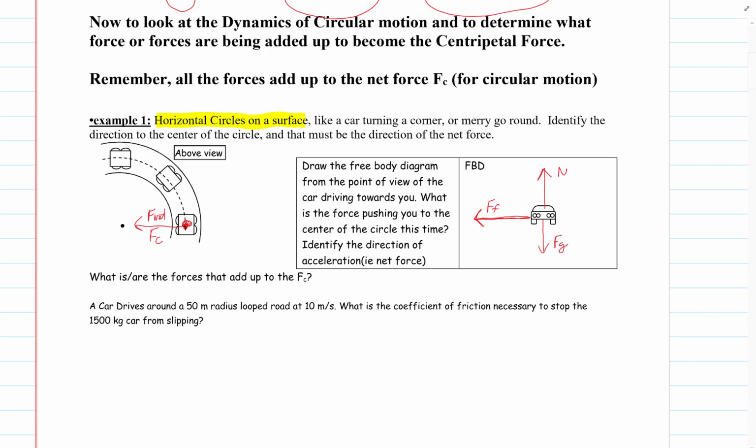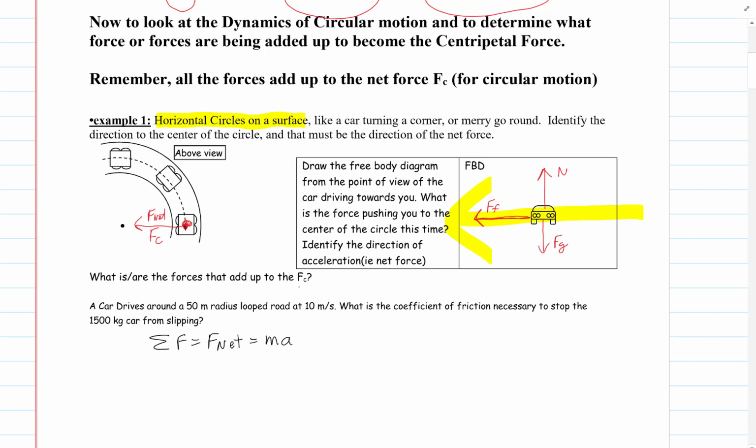Okay? Now, that's all the forces there are. This is the direction of the net force. And we just have to add up every force in that direction and subtract every force against it. And that has to equal MA. So we write down the sum of the forces is equal to F net equals MA.